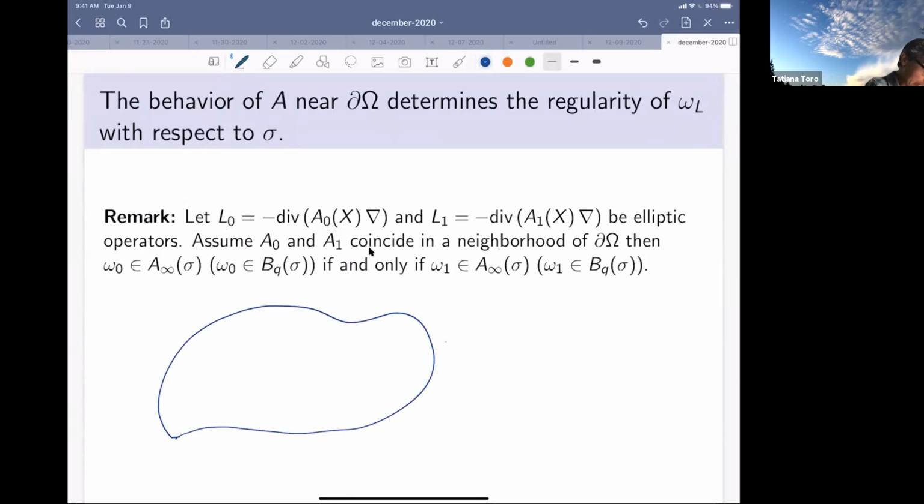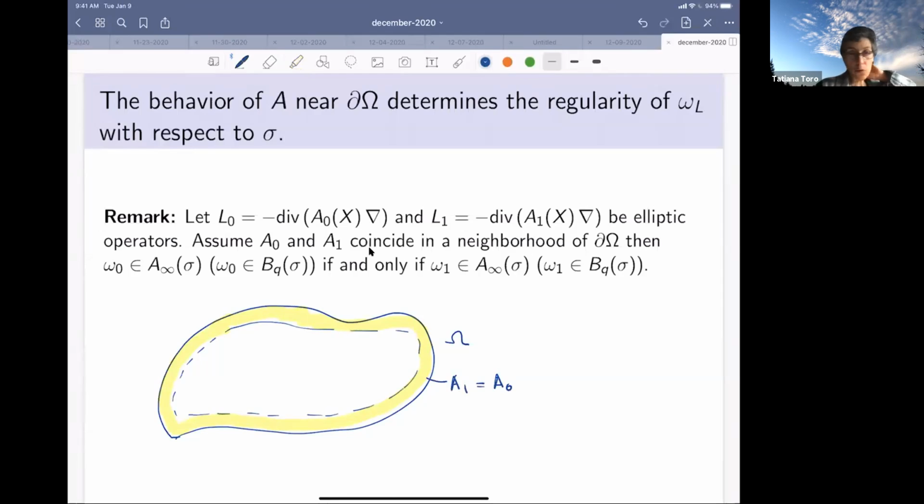This is omega here, and in this area near the boundary, A1 equals A0.